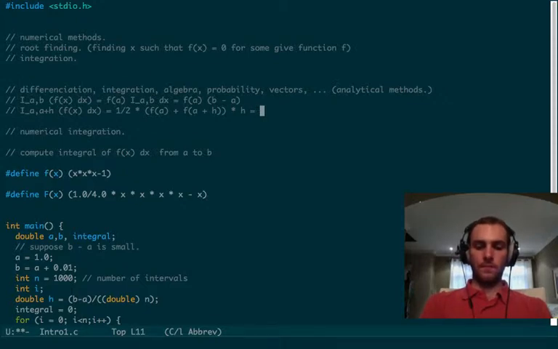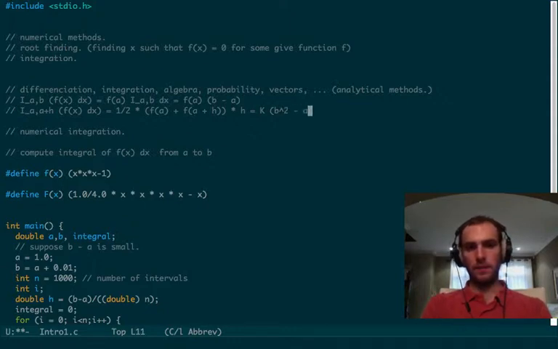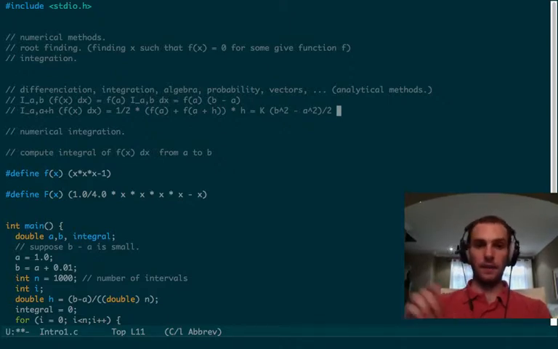The analytical interpretation is, remember when I had k times b squared minus a squared over 2. You have to remember that k times a is f of a and k times b is f of a plus h.